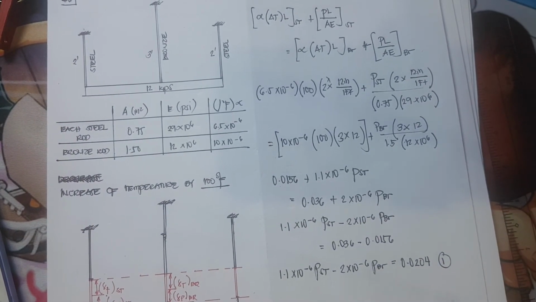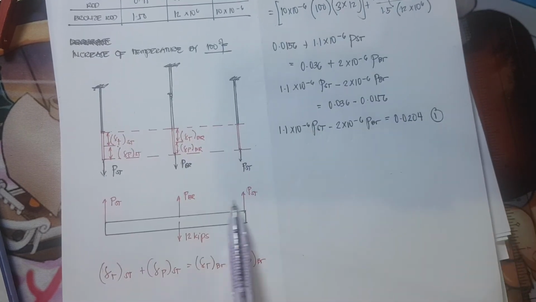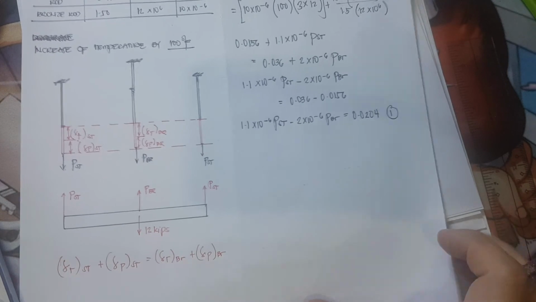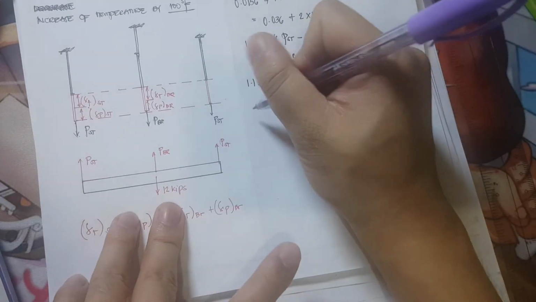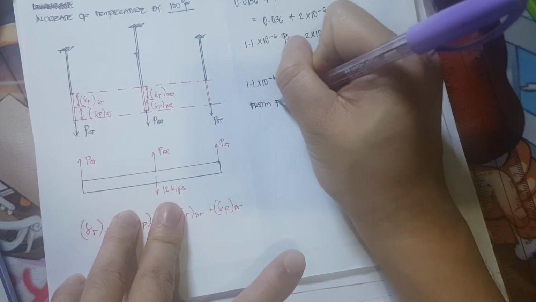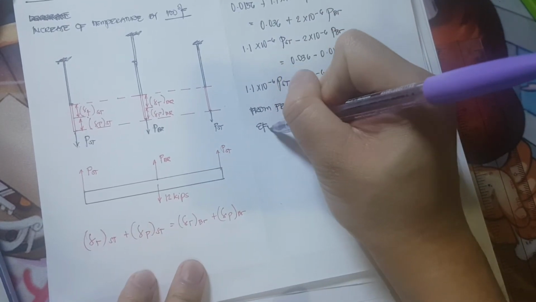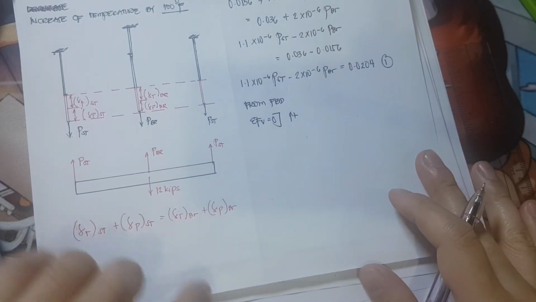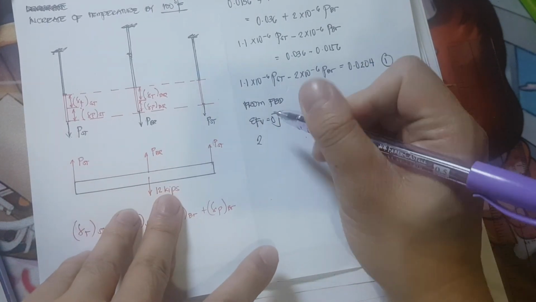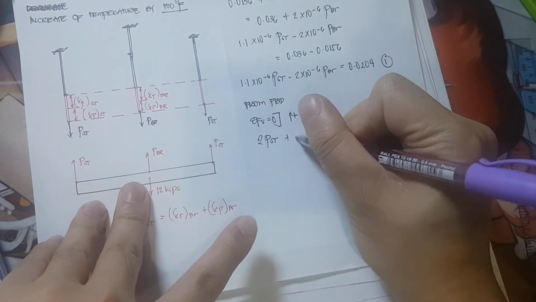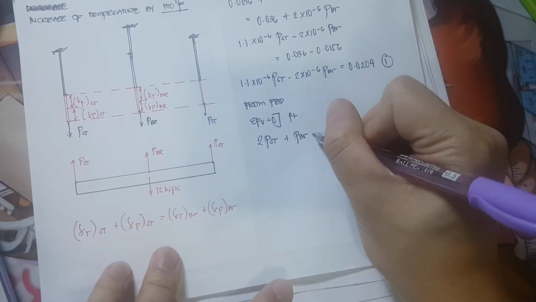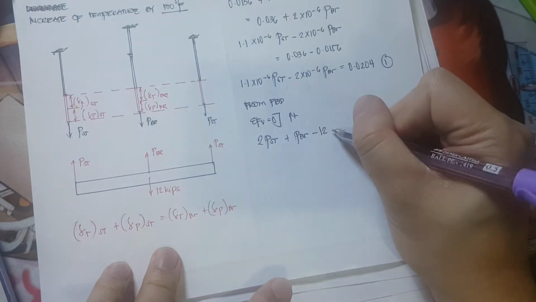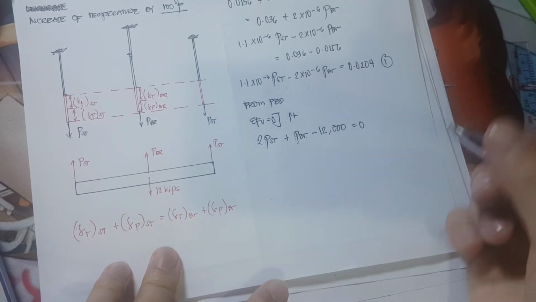For our second equation, we can go back to our free body diagram. So from the free body diagram, we have the summation of forces vertical is equivalent to 0. All forces that are pointing upward should be positive. So we have 2 P of steel plus P of bronze minus 12,000 pounds is equivalent to 0.